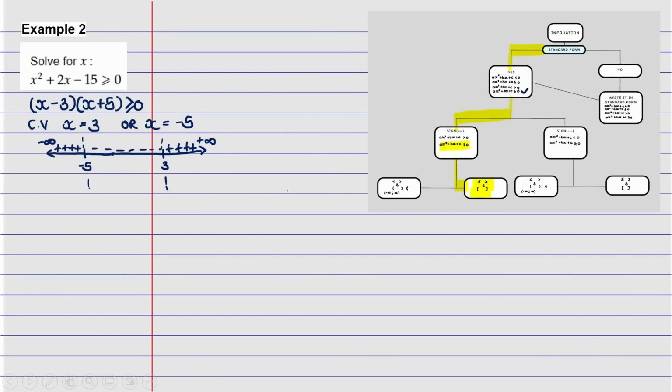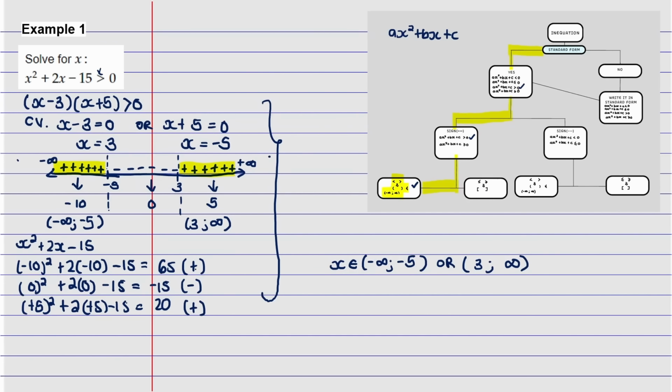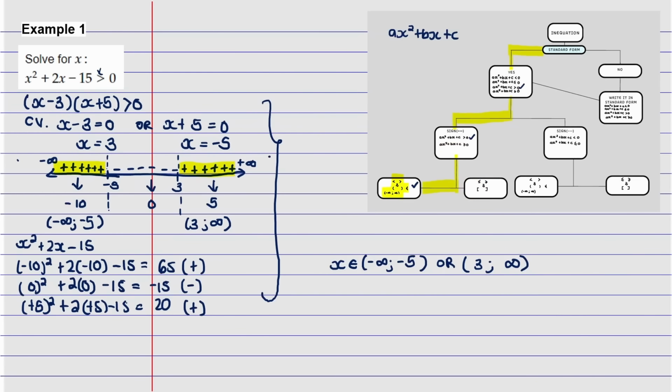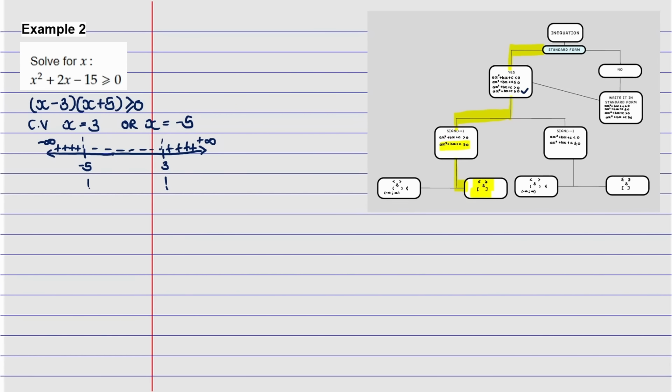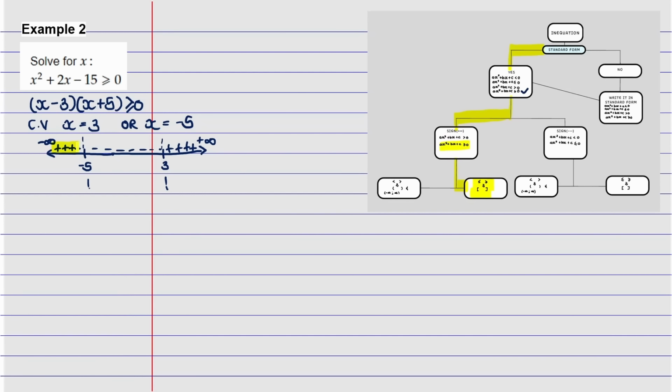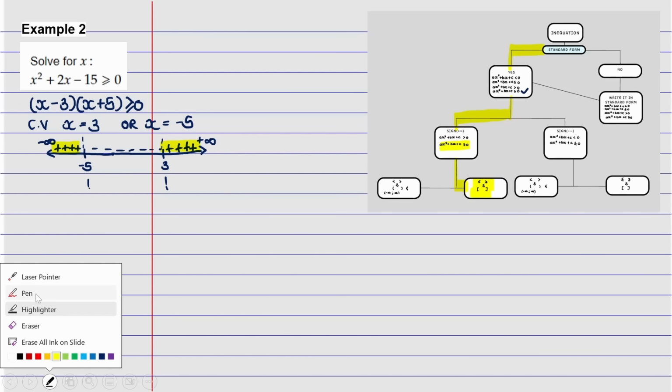Okay, so with that said, this is how it's going to look. And remember to get our signs substituted, which I'm not going to do because it's exactly the same thing that we did in example 1, right? So now looking at the number line, remember the fact that we're looking for positives. So our positives is still going to be this region till this region, right? Then we're going to write those 2 regions, right?